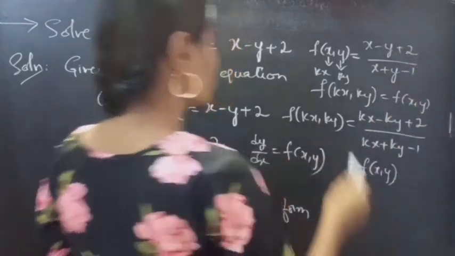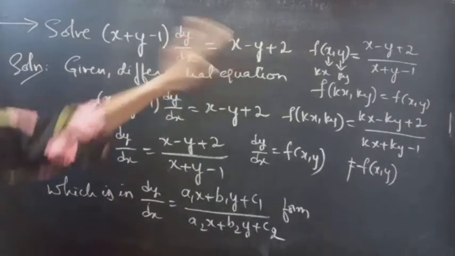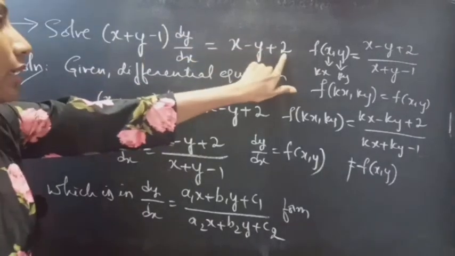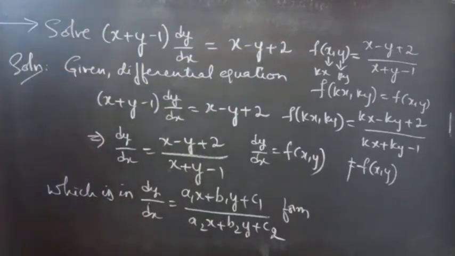So the given function is non-homogeneous, or by looking at the differential equation, you're having a constant here and here. So from this we can say that the given differential equation is non-homogeneous.